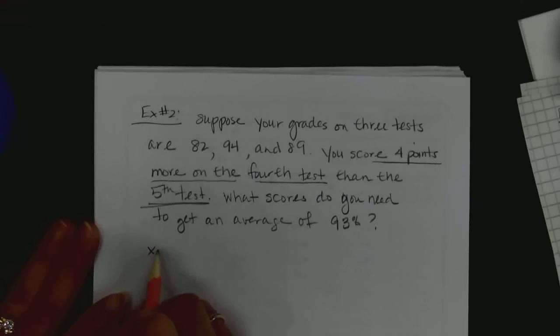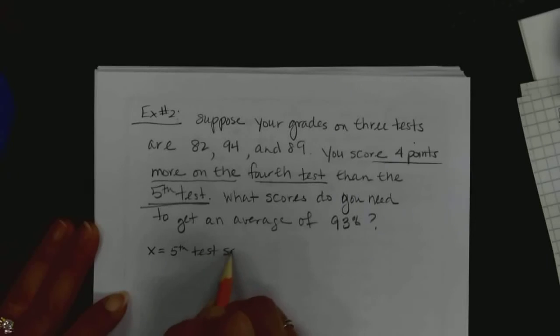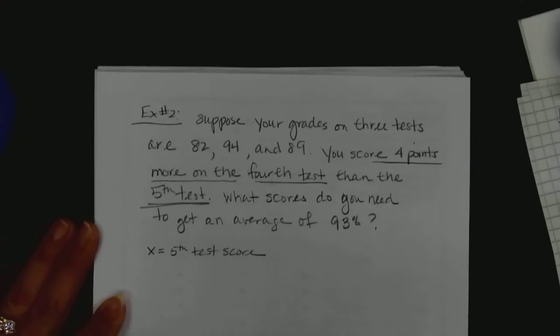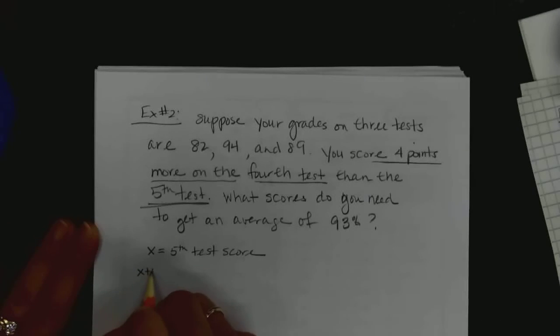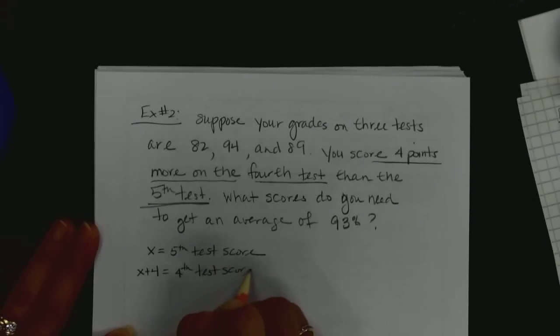So we're going to let X be the 5th test score, because we don't know what that is. And if you score 4 points more on the 4th test, what would be the 4th test score? X plus 4.